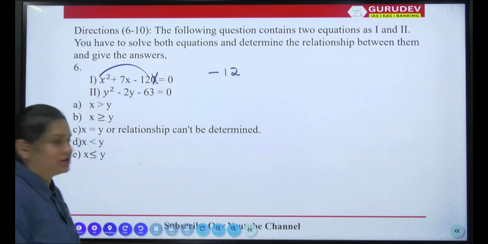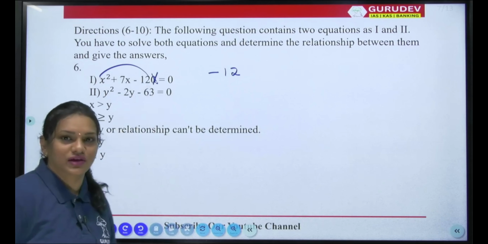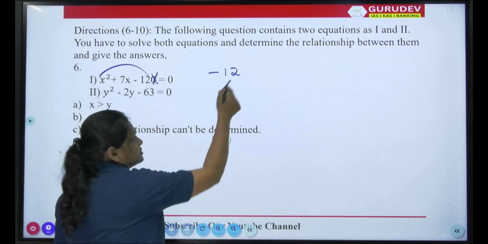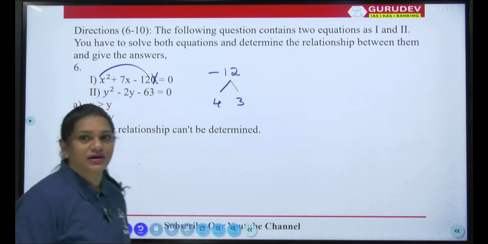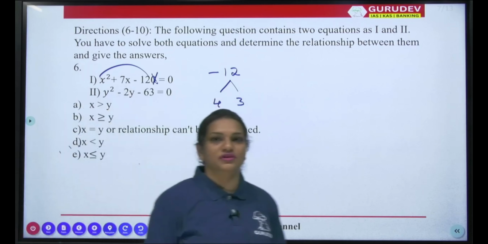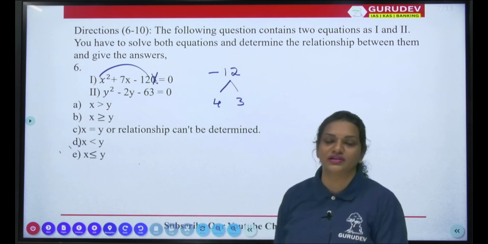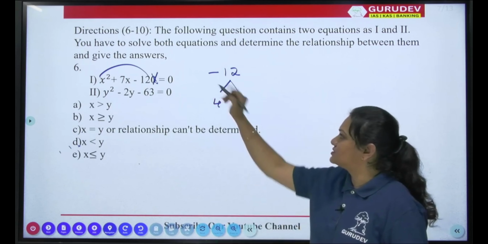So 4 threes are 12 and we want plus 7 here. Plus 7 is possible with 4 and 3, since if I add 4 and 3, it is 7. But the minus sign is there.